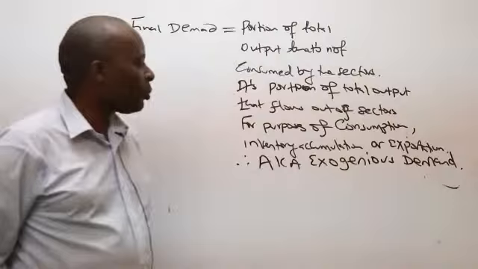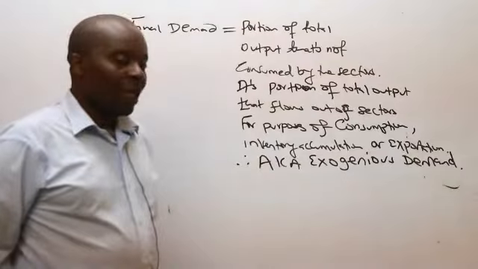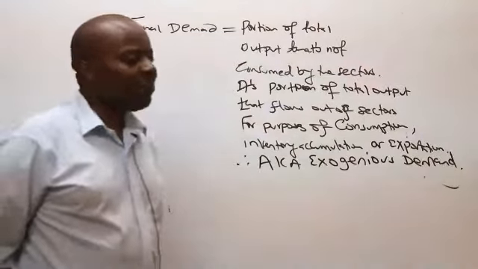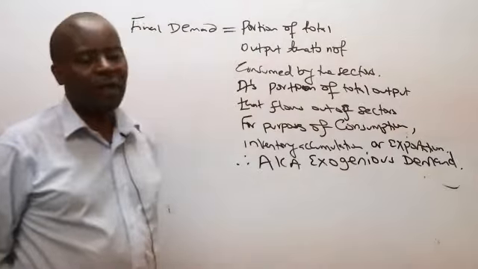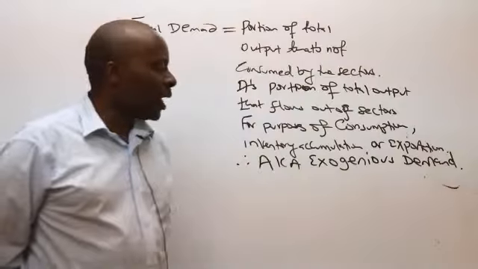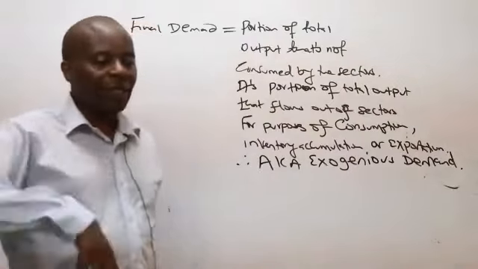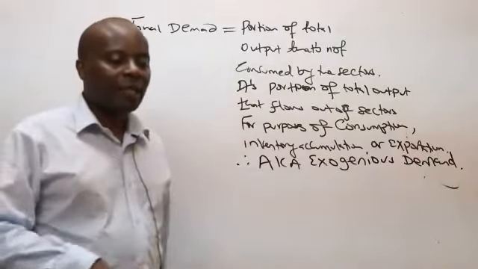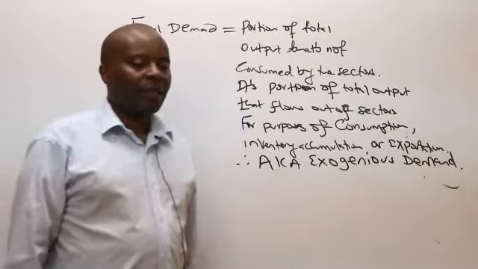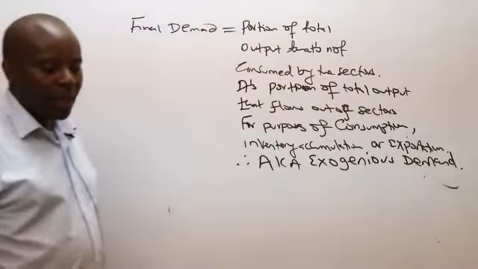It's the portion of total output that flows out of the sectors for purposes of consumption, inventory accumulation, like what we normally take to Kenya, this KPCU, growers, or what is even exported out of the country. The major thing is that you're not utilizing that inside the sectors again. This is the opposite of what we call intermediate demand.